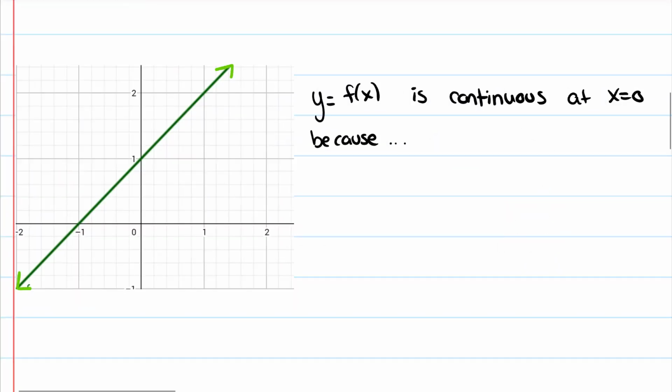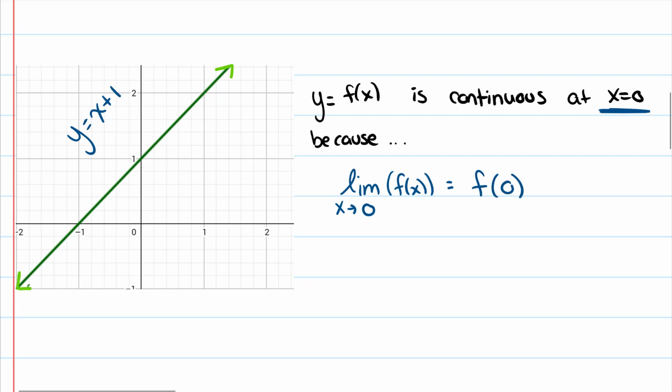So if we look at this graph, which looks to be y equals x plus 1, we can see that this looks to be continuous. So y equals f of x is continuous at x equals 0 because, if we think about the definition of being continuous, we know the limit as x approaches the x value we want, so x equals 0, of f of x is equal to f of that x value, so f of 0.